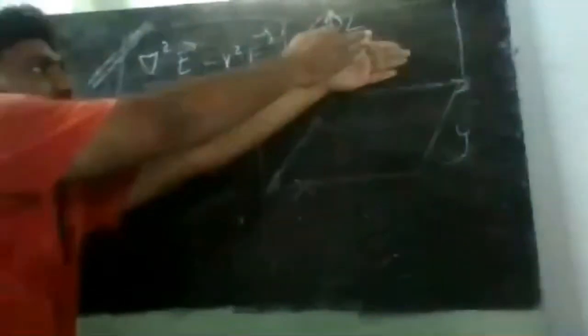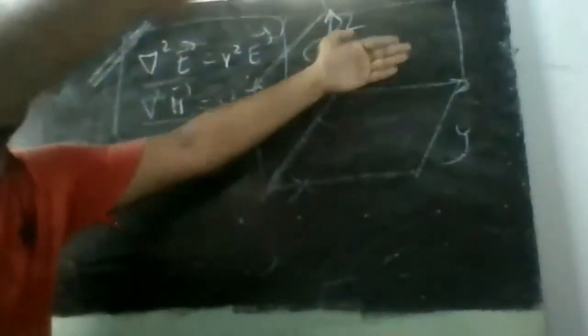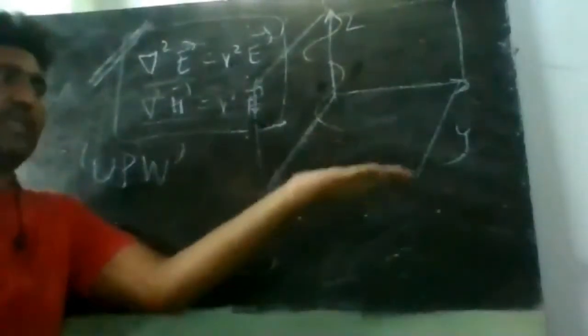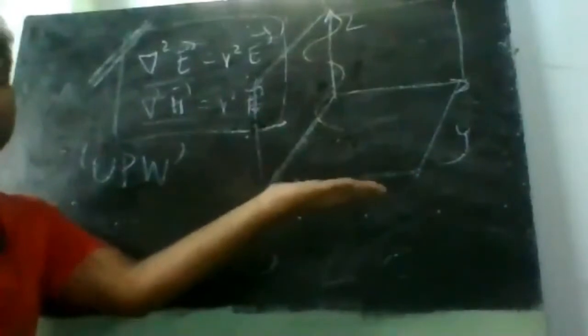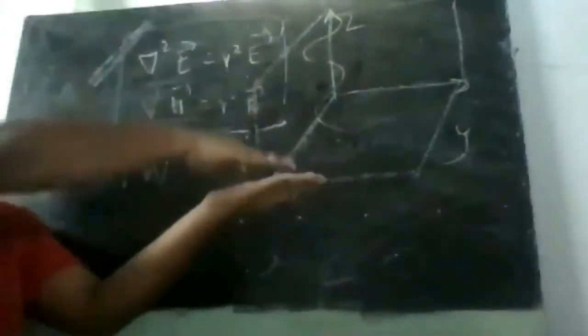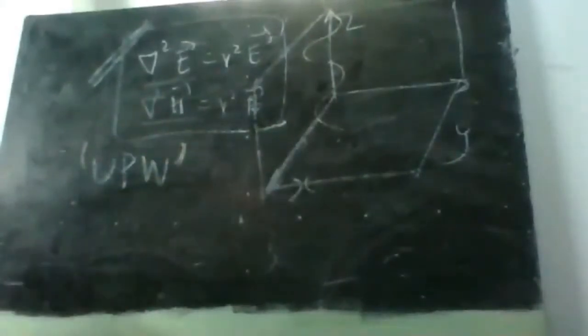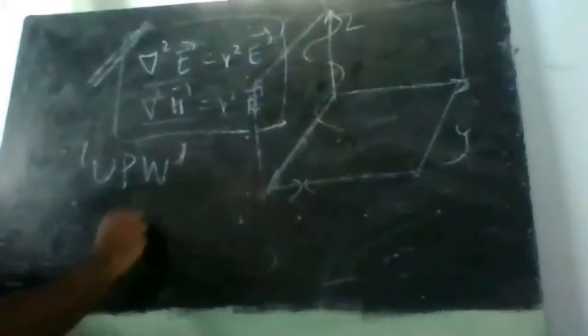What is this axis? The x axis. Understood? So the xy plane is like this, and the wave is traveling in this direction, the z axis. A wave which travels only in one plane is called a uniform plane wave.